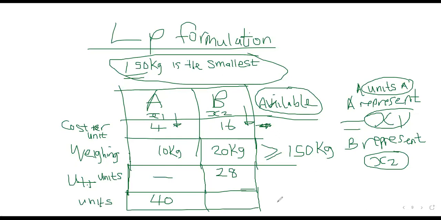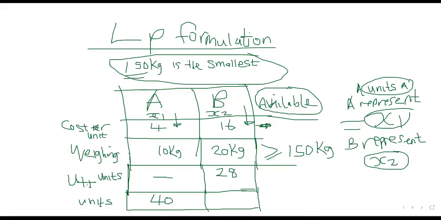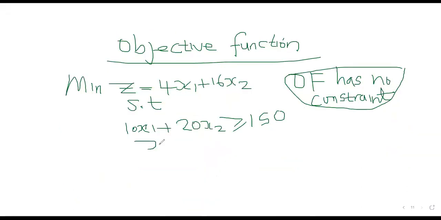Then we are simply saying not more than 40 units of A. What will that statement be? A is representing x1, so this one is going to be x1 less or equal to 40.